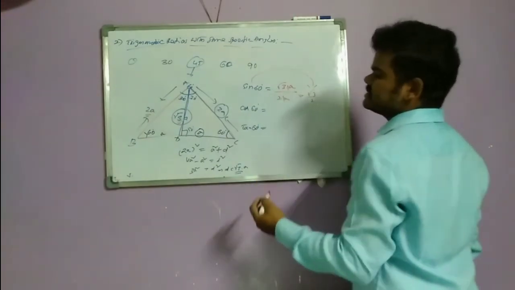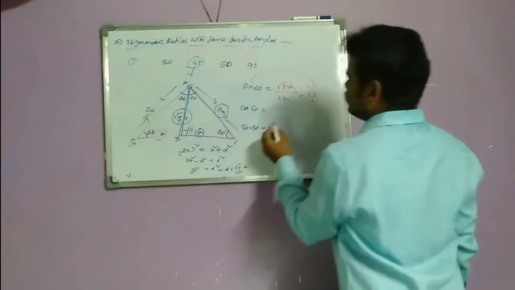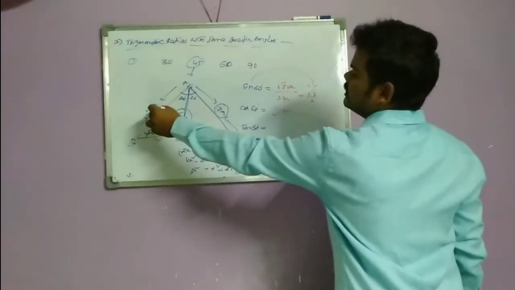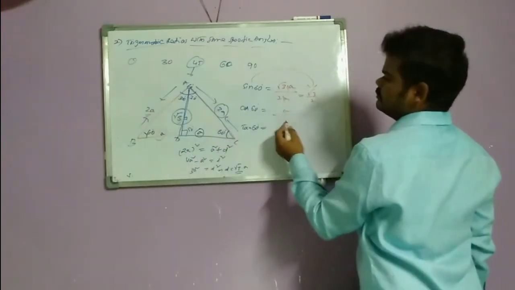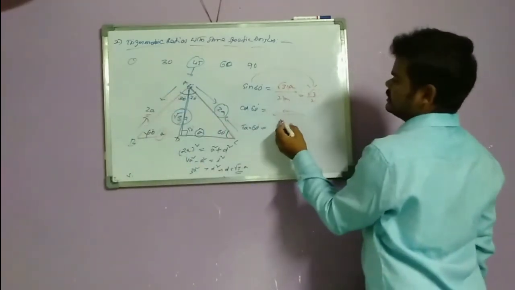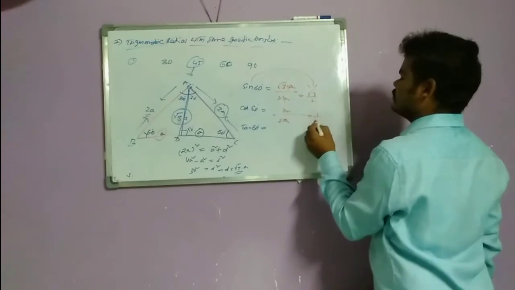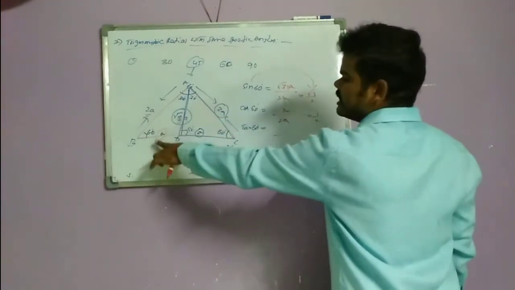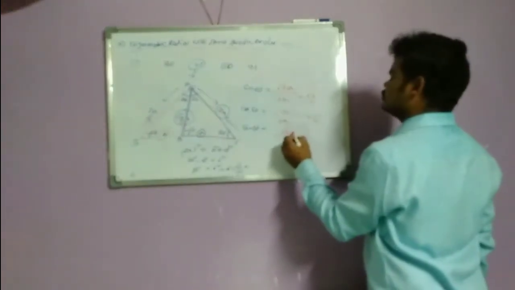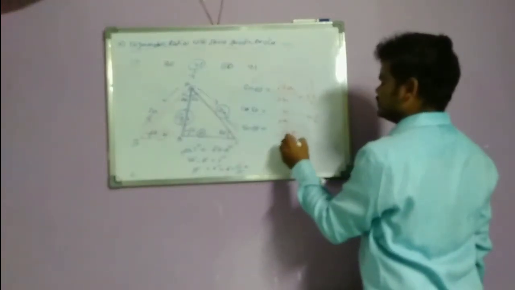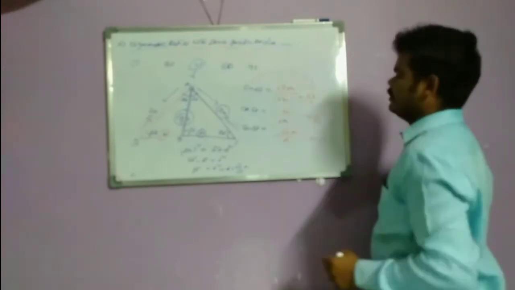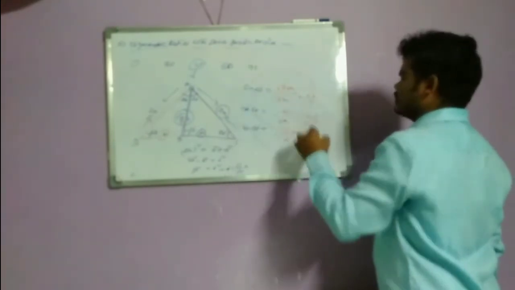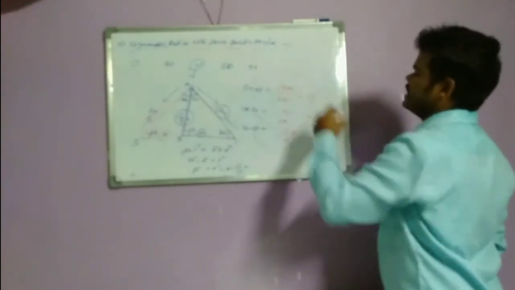Cos 60 means adjacent side, which is a, by hypotenuse 2a, cancelled, 1 by 2. Tan 60 means opposite by adjacent, root 3 into a by a, cancelled, root 3. Now tan 60 value is root 3, cos 60 value is 1 by 2, sin 60 value is root 3 by 2.